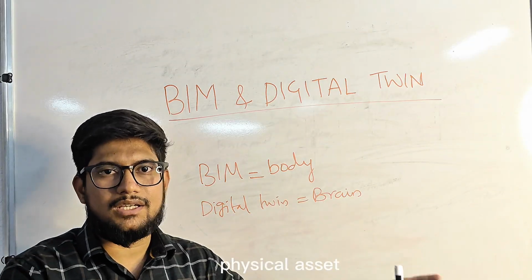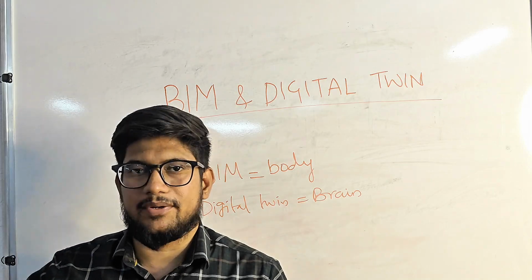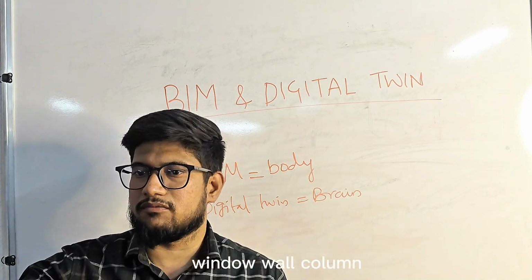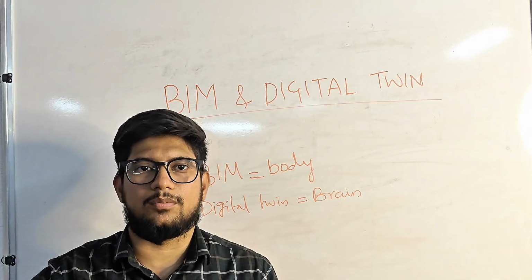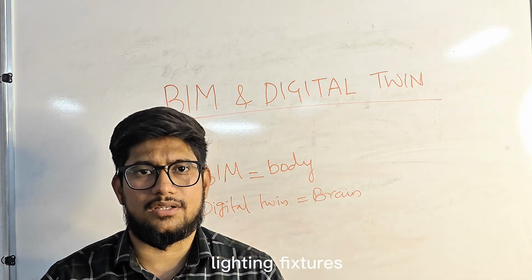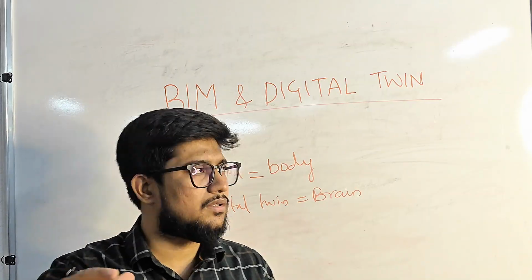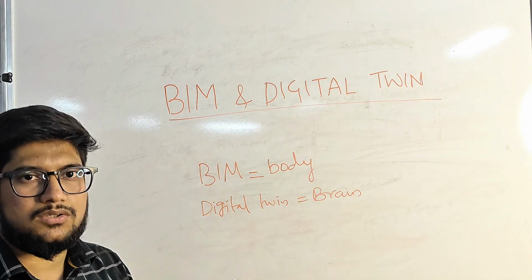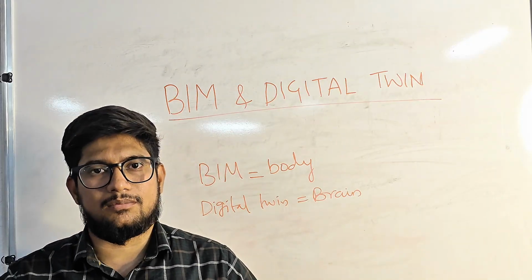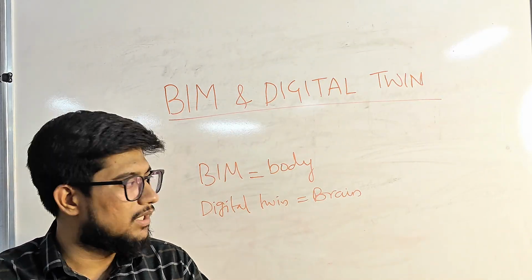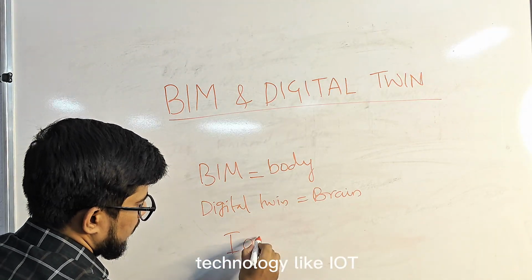There is one physical asset. For example, here I am in one building, so I can see there are a lot of elements: there is a window, wall, column, floor, furnitures, and there are some electronic equipments, some electrical equipments, and some lighting fixtures. So this is the physical asset. Assume the same model we created digitally using BIM. So we have one digital model. Now both the physical model and the digital model will be connected, okay. Connected through what? Connected through technology like IoT, okay.